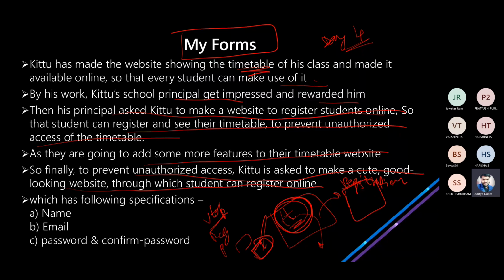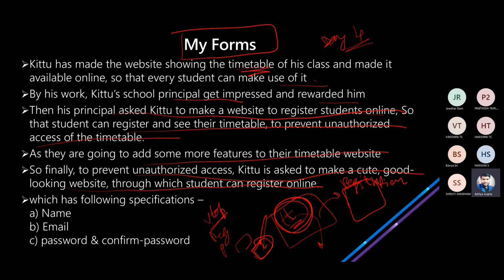You can consider that the scenario. They're going to add more features to the timetable website so that they can see the attendance too. It's really not good if someone who is not a VITian is trying to access your timetable, your attendance or your marks, right? To prevent that unauthorized access, we have created a registration form.